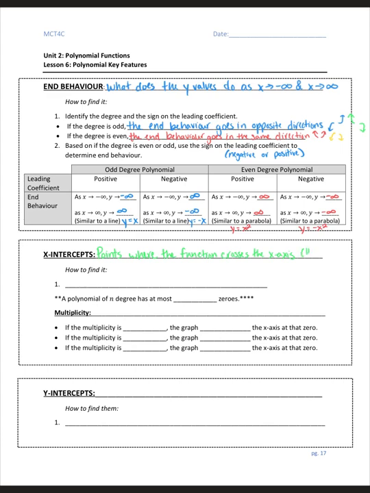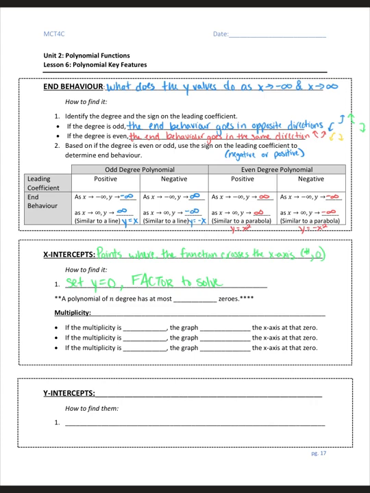Right, so it's some number and 0 if we were to identify the coordinate of that x-intercept. How do we find it? We've done this with linear and quadratic functions in the past. We're going to set y equal to 0, and then we have to factor to solve. We need to get it into factored form to find those zeros.